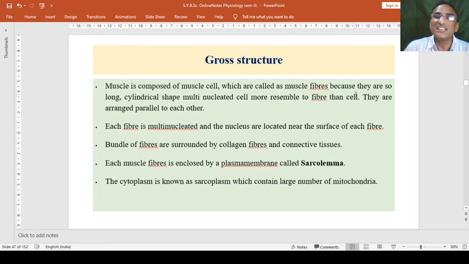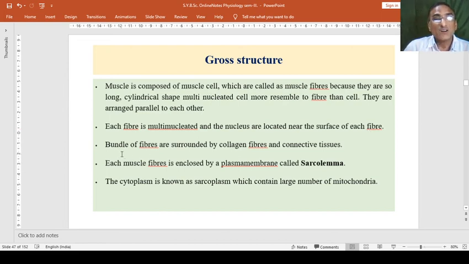Actually these are cells, but as they are elongated and in the form of a filament, they look like a thread or fiber, and they are arranged parallel. All these fibers are parallel to each other. Each fiber is multinucleated and the nuclei are located near the surface of each fiber.